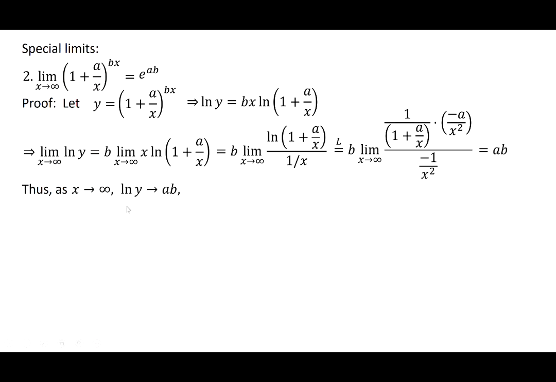Where did I get that from? Well, the very concept of limit is precisely that. When we say limit of natural log of y as x approaches infinity equals ab, please pay attention to this. When we say limit of natural log of y as x approaches infinity equals ab, what we actually mean is as x approaches infinity, natural log of y approaches ab.